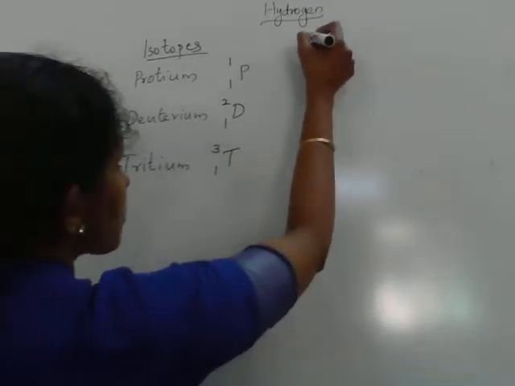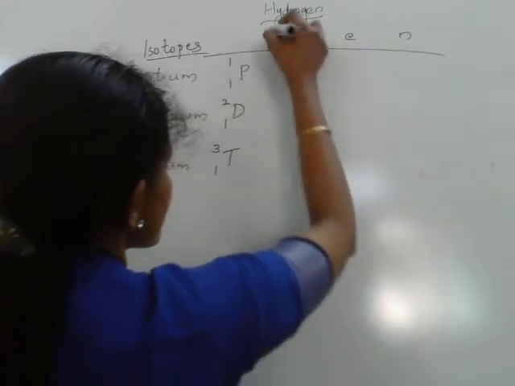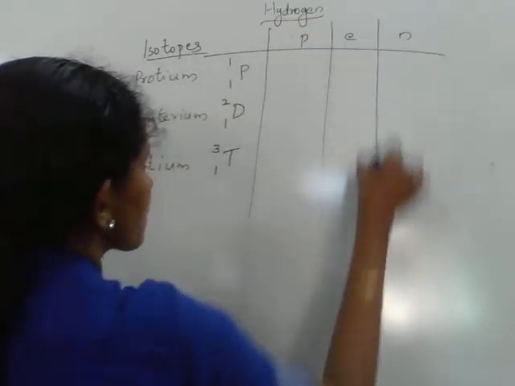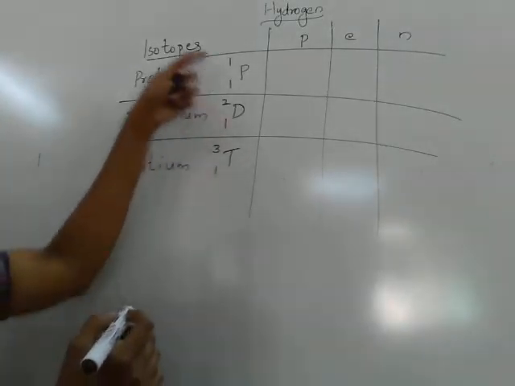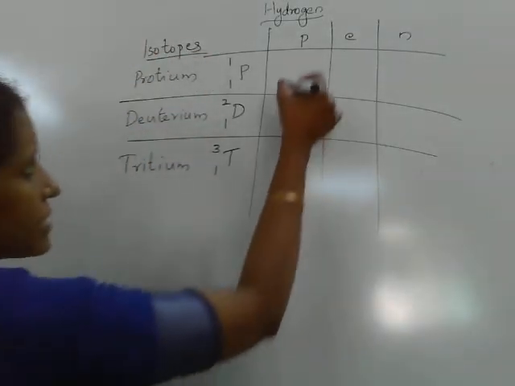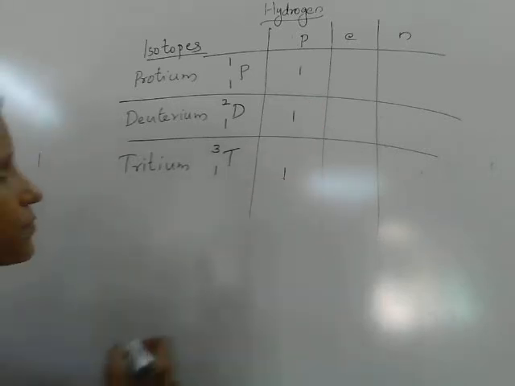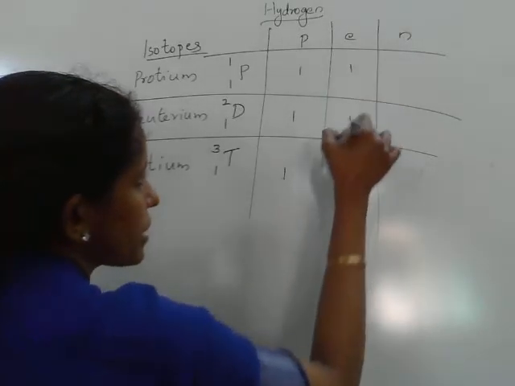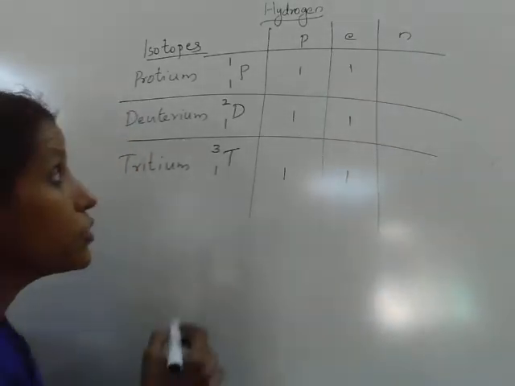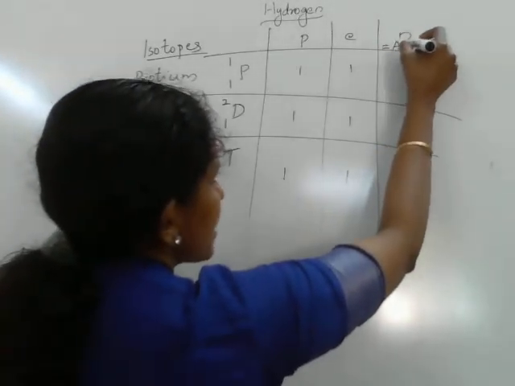Let's find out the number of protons, electrons and neutrons present in these. Atomic number is the same for the 3 isotopes, that means 1 proton. Electron number is also the same, 1. But neutron number is different. We calculate the neutron number as mass number minus atomic number.